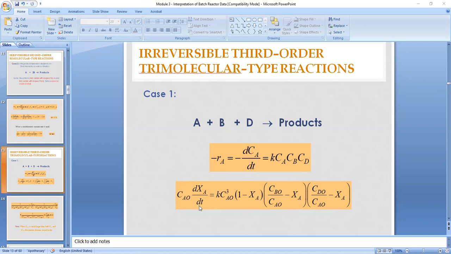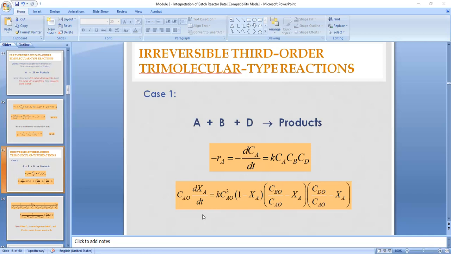It's because the derivative in your DE has the unknown function x sub A. So you should convert the expression on the right side, which are all concentrations, in terms of the conversion of A.